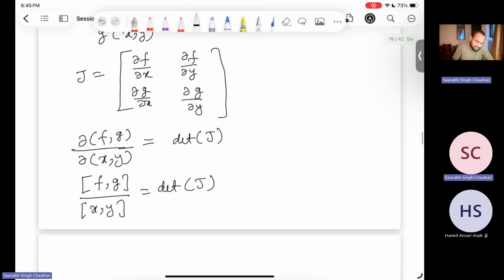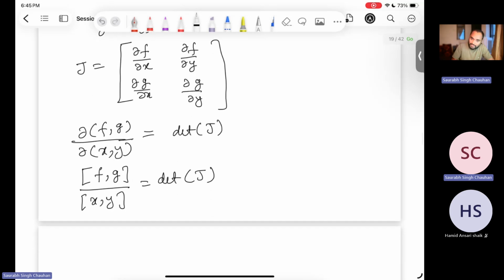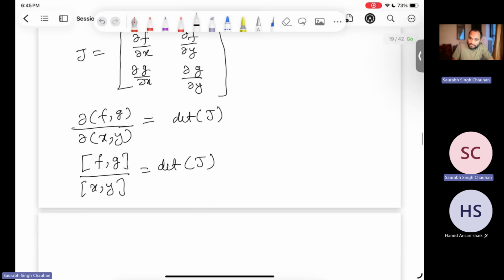We read this as the Jacobian of f and g with respect to x and y.